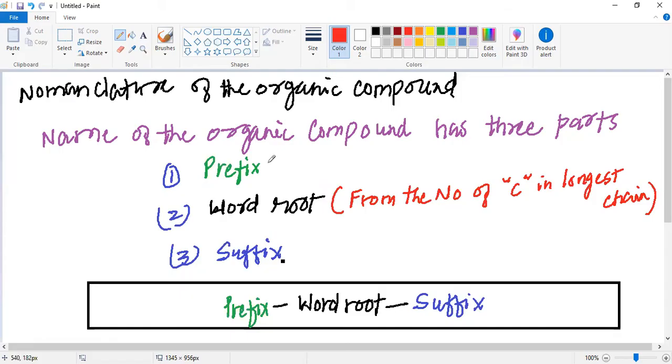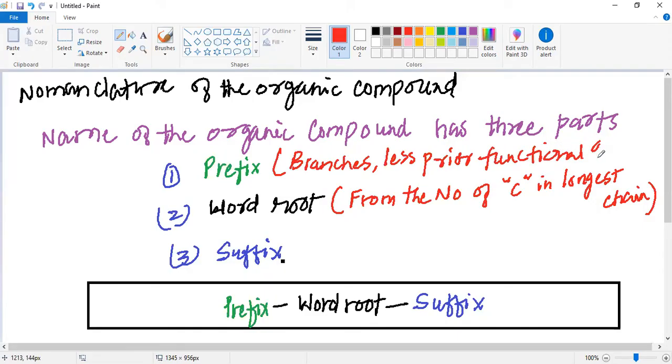The second one, prefix, comes from the branches or secondary functional group or less prior functional group. And suffix comes from the functional group present in it.